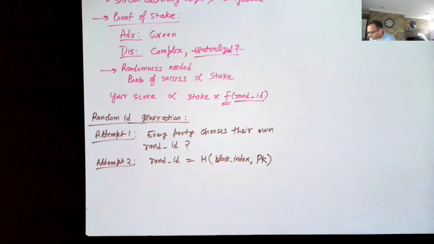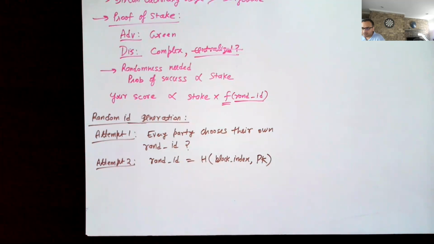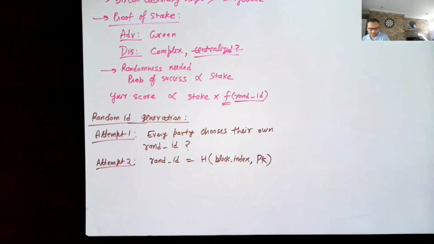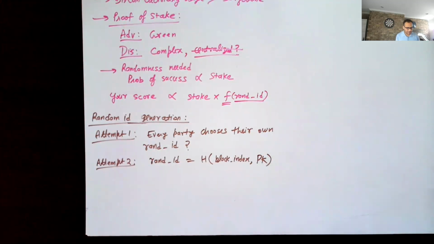Public keys are cheap. Sure, but why is that a problem? You can pick a bunch of public keys and you can maximize your random ID.